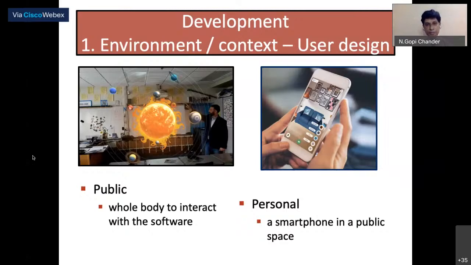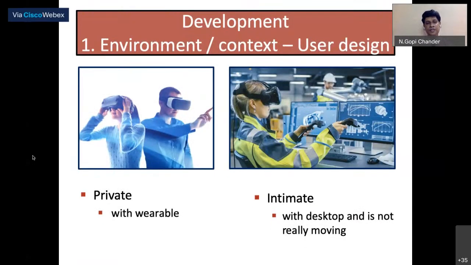Next is the personal interface, used in your smartphones in a public space, where you can handle everything on your mobile phones. Then a more private one: headgear and hand wearable devices, the wearable systems. The last one is intimate, with desktop systems, which are comparatively not movable compared with the other systems.